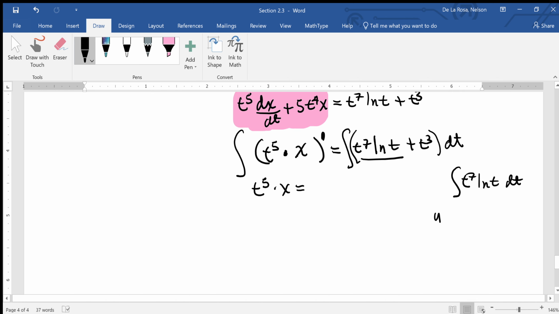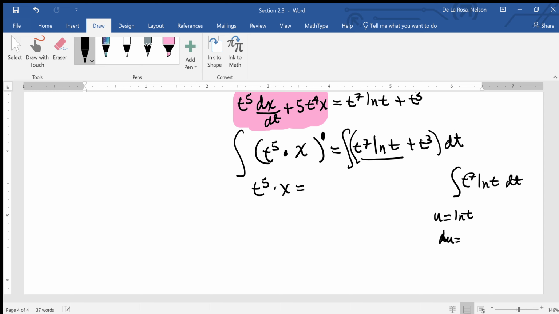So u is ln of t, du is 1 over t, and dv is t to the 7 dt, and then v is t to the 8 over 8.